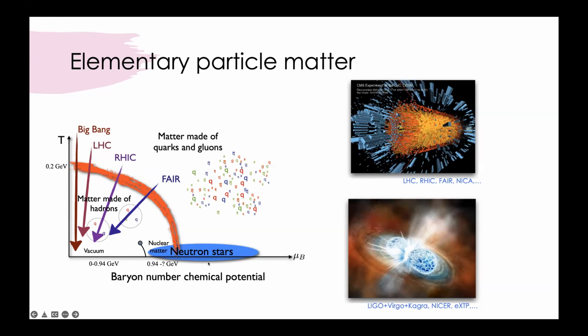But there is, of course, this region of cold and compressed, cold and dense QCD matter that remains inaccessible to colliders. And for that, in the past years, we've had a completely new venue to study the extreme QCD matter there.